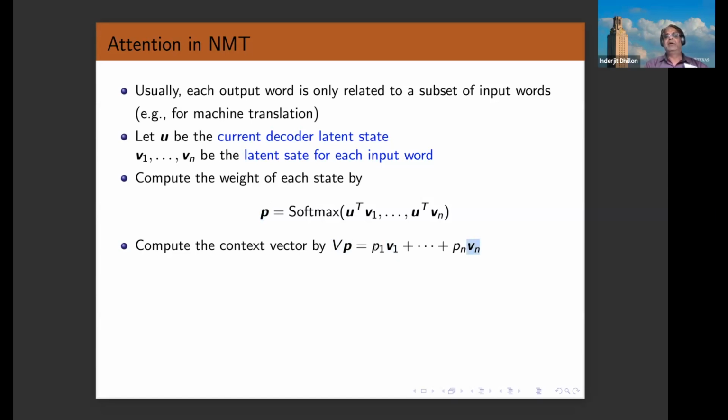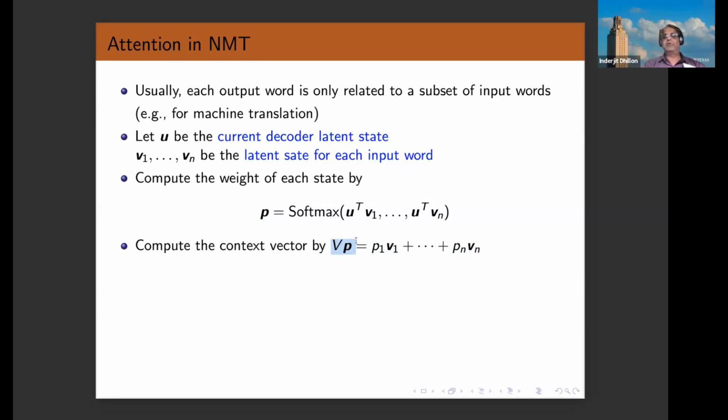In particular, it is P1 V1 plus P2 V2 plus Pn Vn. So it's not only a linear combination, but a convex combination, which means that the weights are non-negative and sum up to 1. That can be more compactly represented by V times P.